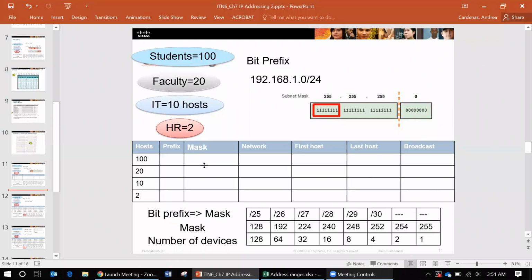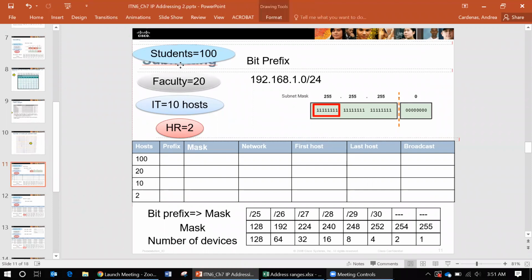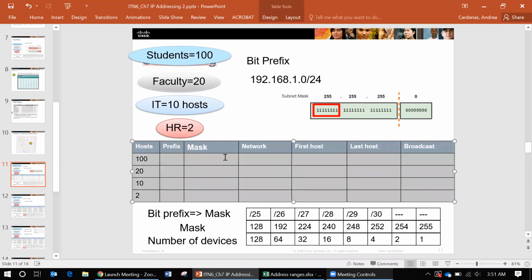All right, so let's get subnetting. We have our hosts in order from most to least, and here's a chart that you will have to fill out, and it helps you to do subnetting. The very first column is for hosts. We put them in order from most to least.